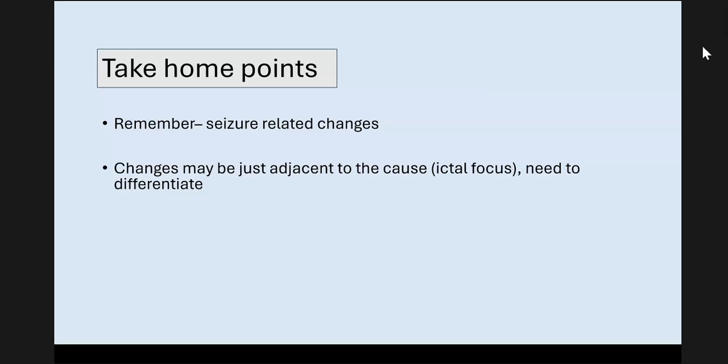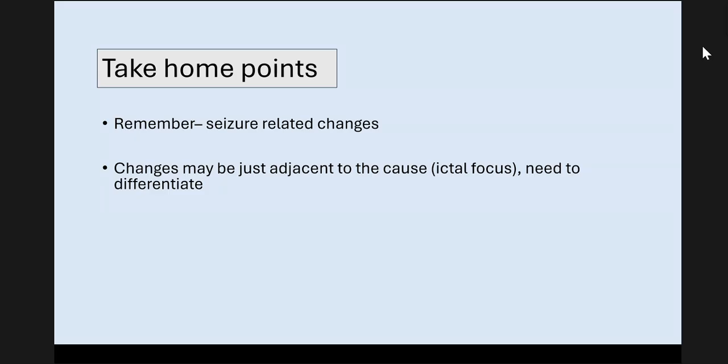Okay, and it may therefore become very important to differentiate where the changes are, and demarcate the area where the post seizure changes are from the etiology, the causative problem.